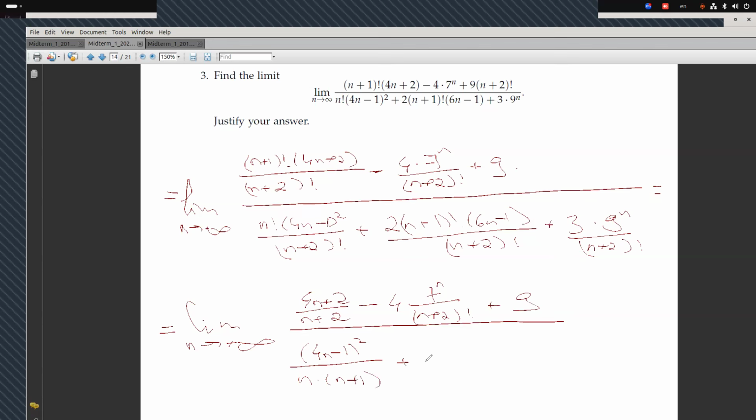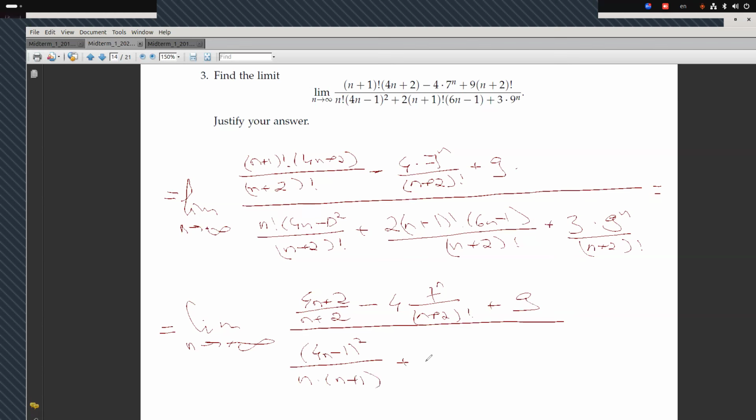So ln(k+2) actually can be written as ln of (k+1) multiplied with (1 + 1/(k+1)).